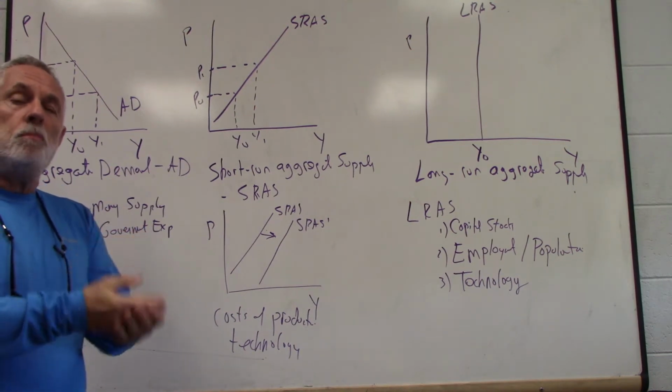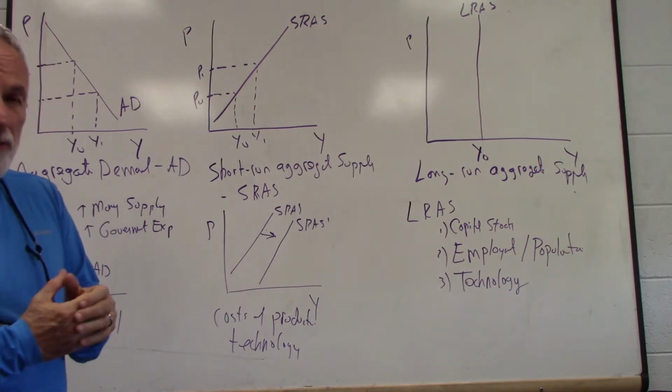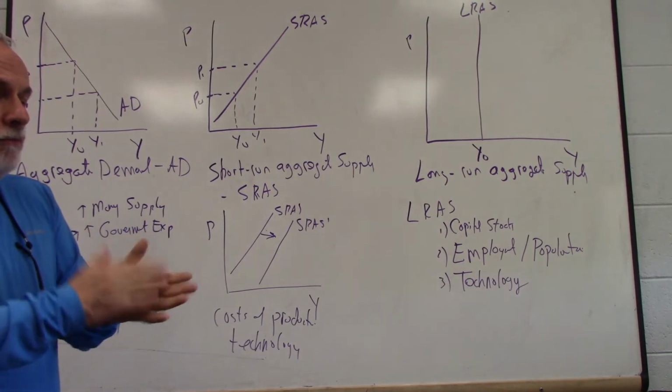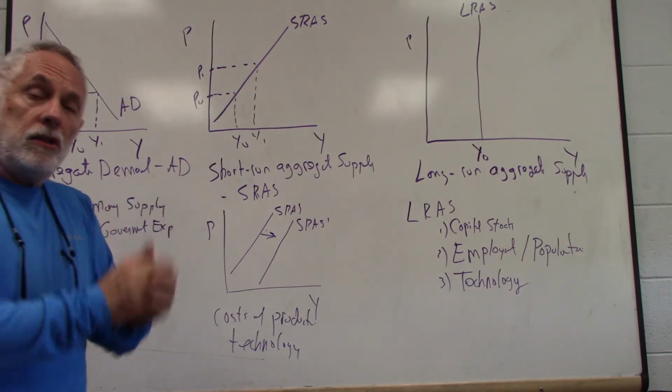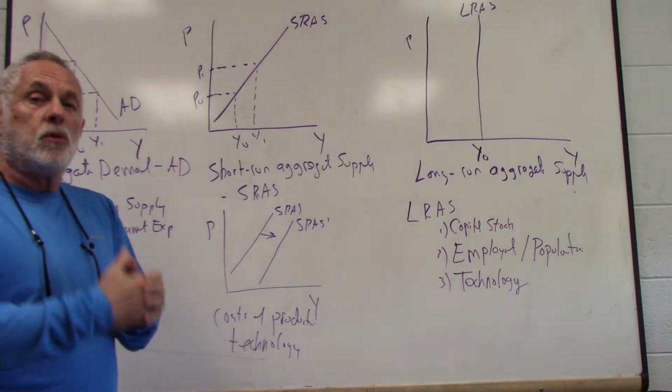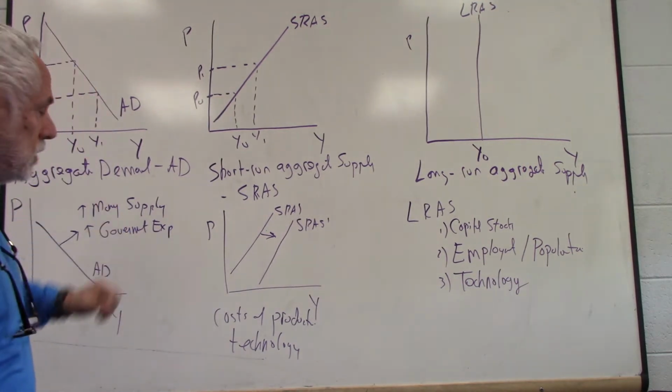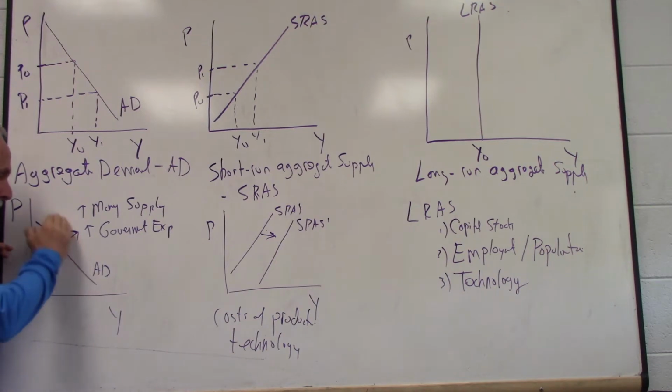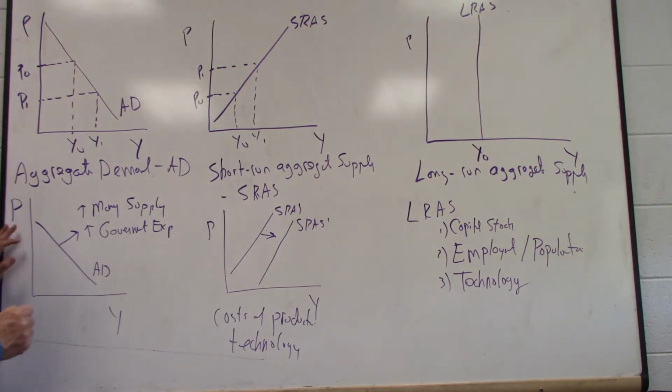Well, a firm borrowing the money can then turn around and hire more workers or maybe build a larger store. That's going to increase demand in the economy. So an increase in the money supply is going to cause this aggregate demand curve to shift outward. Okay? And that'll be one of our big policy tools that we'll look at.